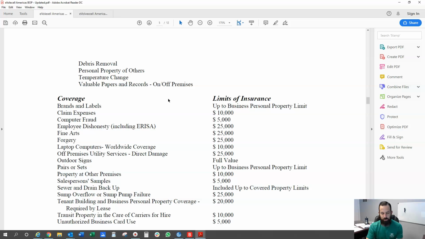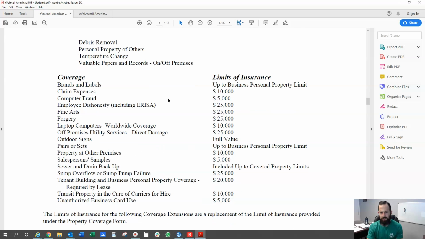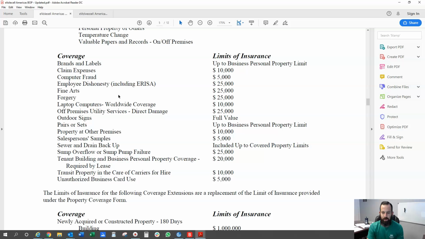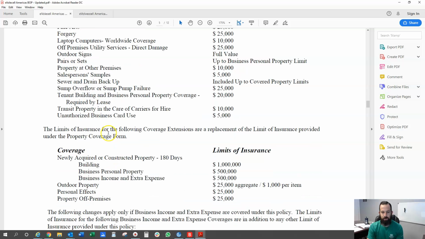Business income, so if you have a loss that impedes business income, that's covered by this policy. I think most of these policies our payroll is covered for up to 60 days. And along with that, there are a number of other package coverages that come into play for when those losses happen.